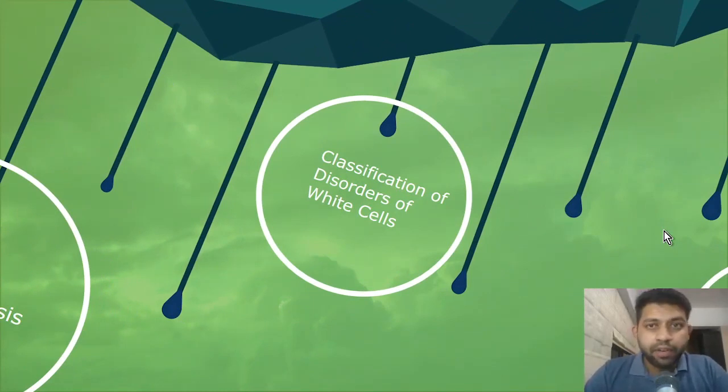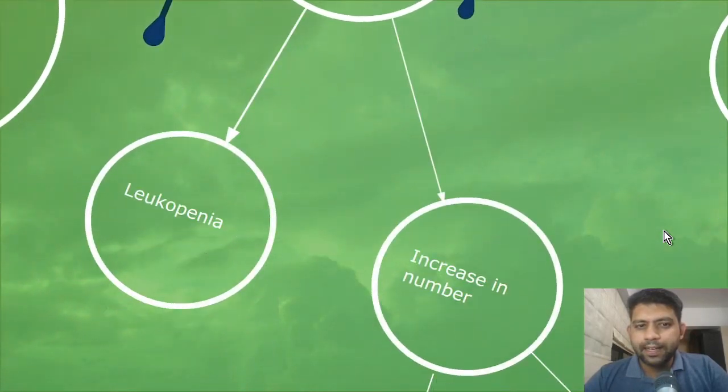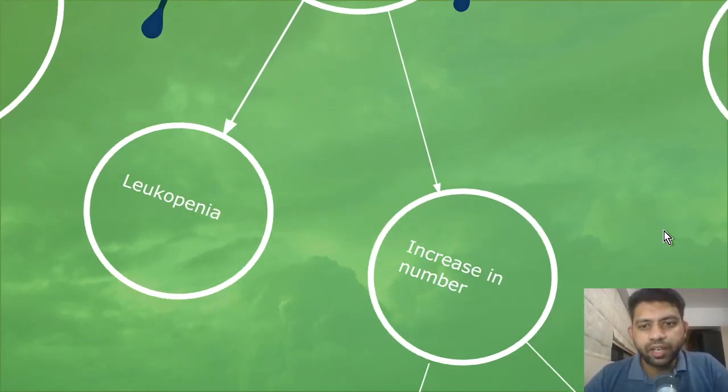Now that we have an overview about hematopoiesis, let's see how these diseases of white blood cells are classified. Look, WBCs can increase in number or decrease in number. Increases leukocytosis, decreases leukopenia.